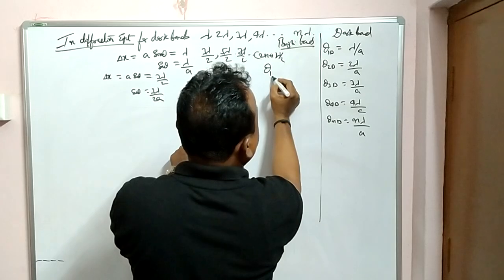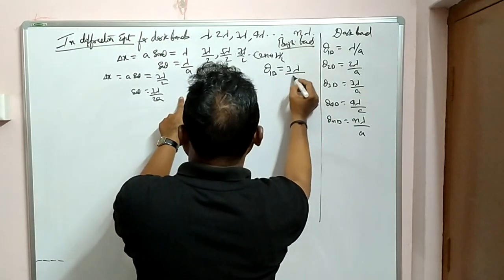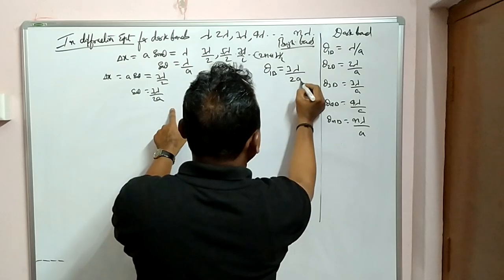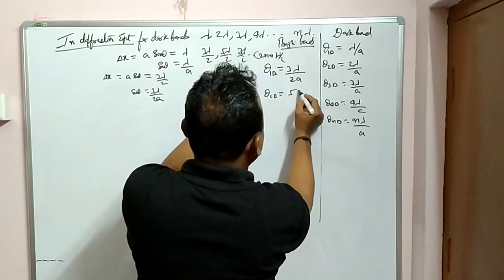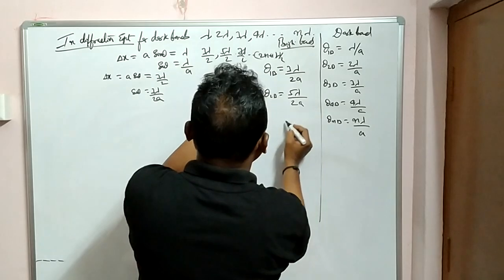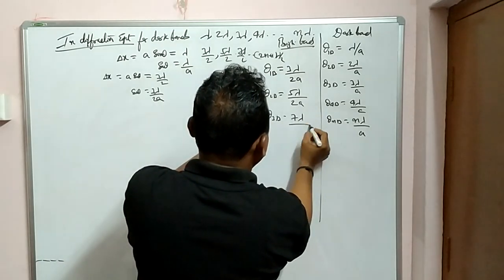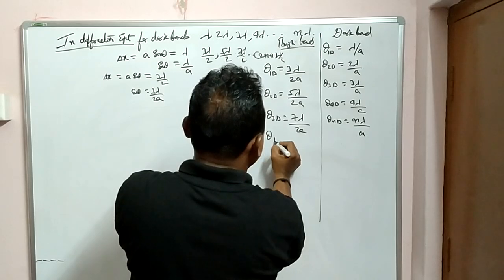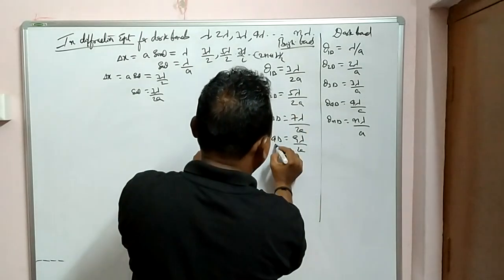Therefore, I will start right here. Theta for first bright, starting from 3 lambda by 2a. Second bright, 5 lambda by 2a. Third bright, 7 lambda by 2a. Fourth bright, 9 lambda by 2a.